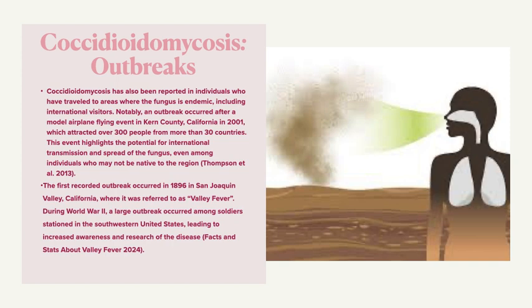This event highlights the potential for international transmission and spread of the fungus, even among individuals who may not be native to the region. The first recorded outbreak occurred in 1896 in San Joaquin Valley, California, where it was referred to as valley fever. During World War II, a large outbreak occurred among soldiers stationed in the southwestern United States, leading to increased awareness and research for the disease.